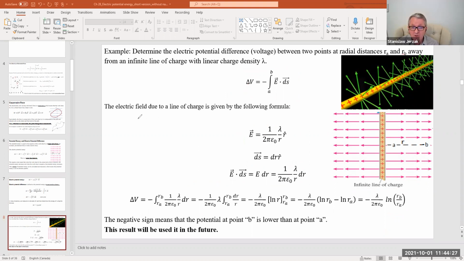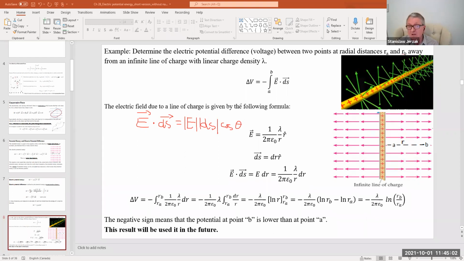If I have the dot product E dot ds, it is equal to the magnitude of vector E, and magnitude is always a positive value, times the magnitude of ds, which is always positive, times the cosine of the angle between these two vectors.